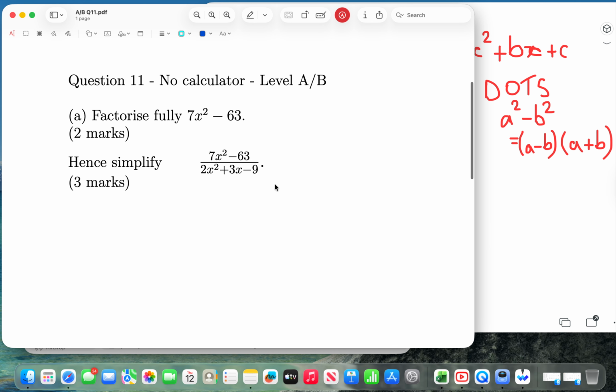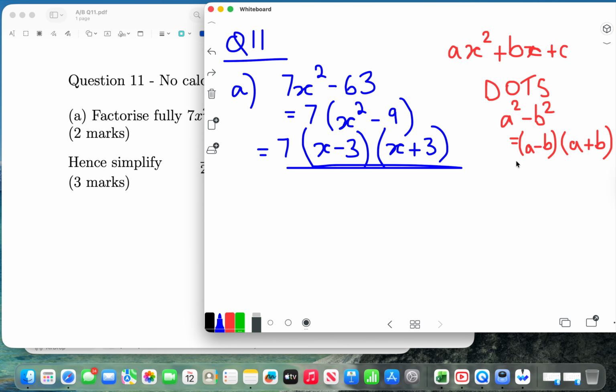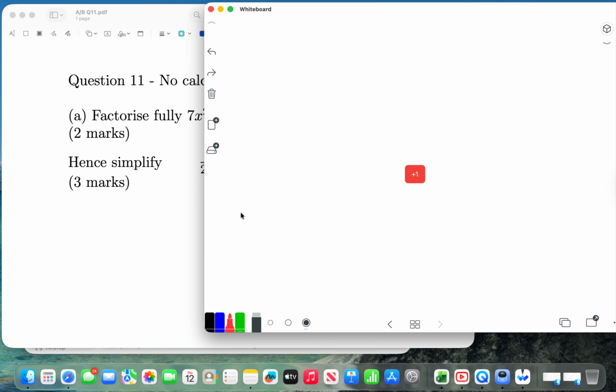This kind of thing comes up a lot, and essentially what you want to do is recognise that the denominator can be factorised, and you want to factorise the denominator. I'm going to do this on here.